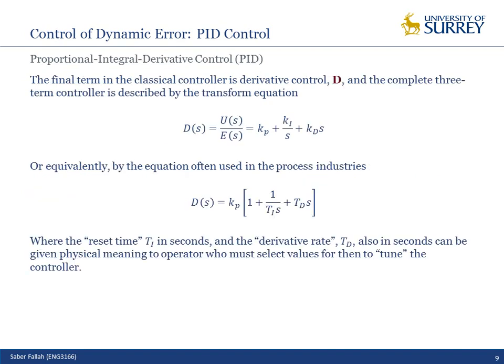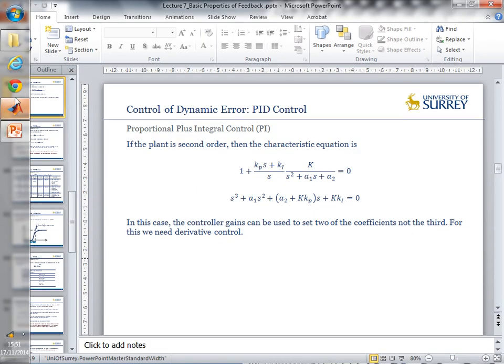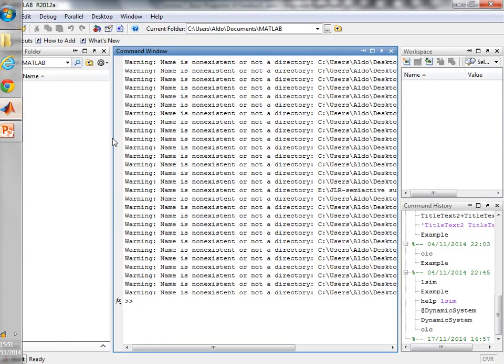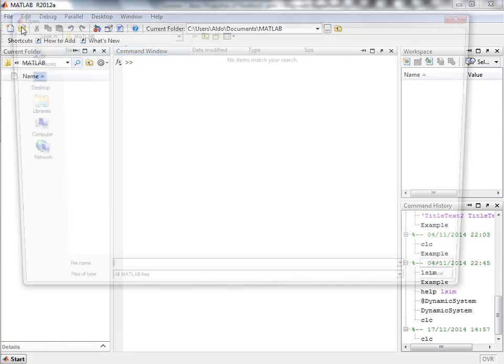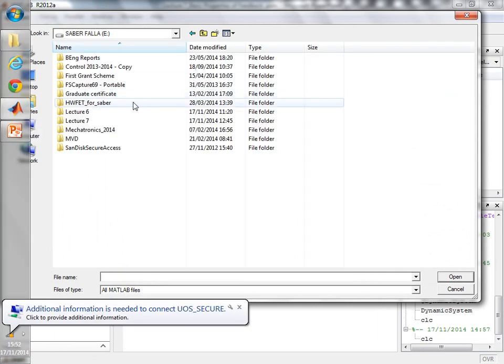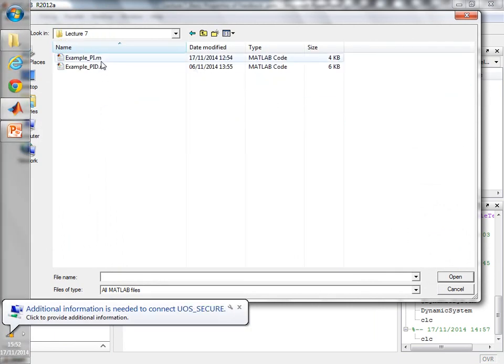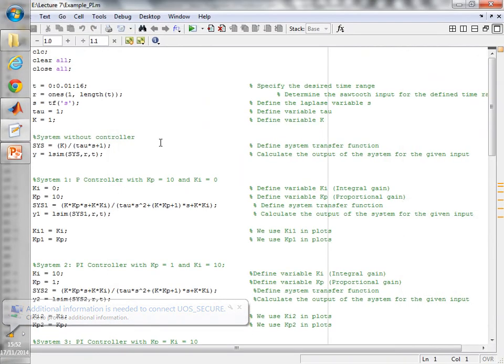Okay, before going to the differential, derivative part, let me give you an example of how a PID controller can work. I have posted this MATLAB code on Learn.